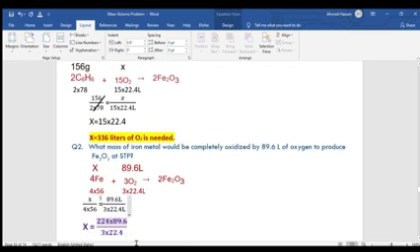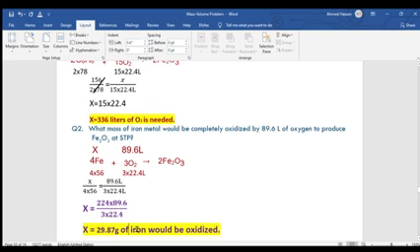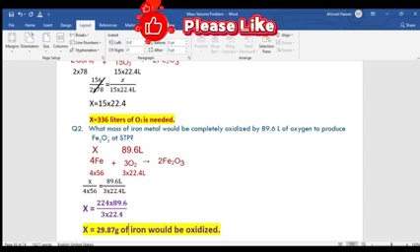You set up the proportion, so x is equal to 204 times 89.6 over 3 times molar volume. Therefore, the answer is 29.87 grams of iron would be oxidized with 89.6 liters of oxygen.